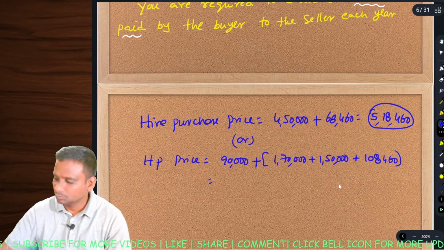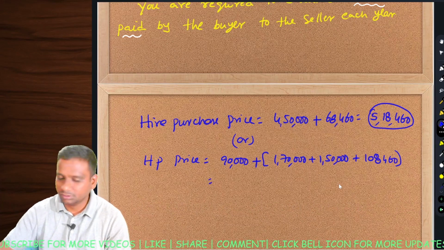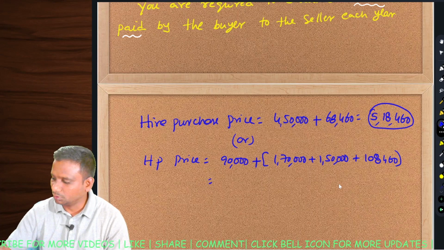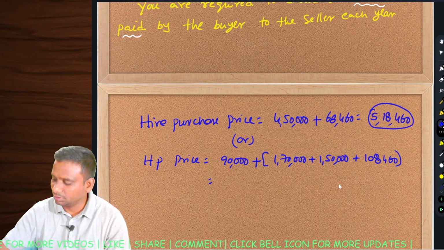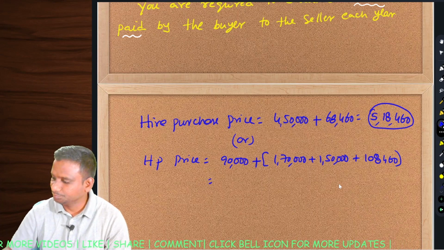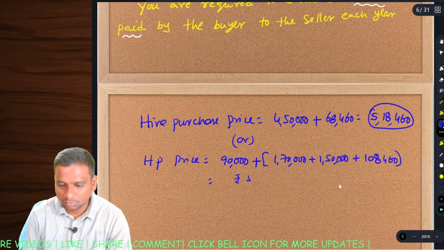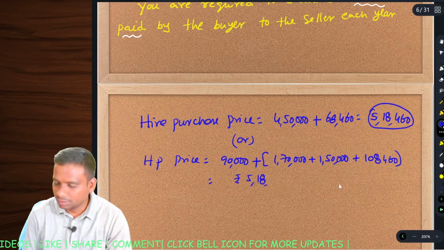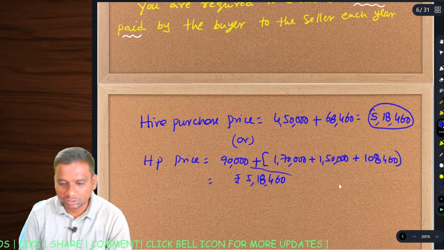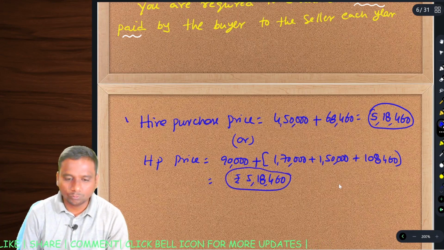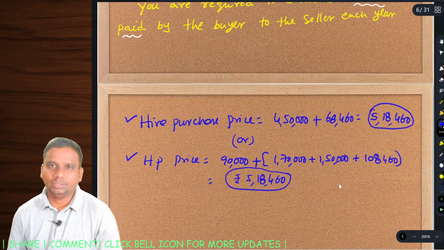Calculate it: 90,000 plus 1,70,000 plus 1,50,000 plus 1,08,460 comes to 5,18,460. So both formulas work out for us.